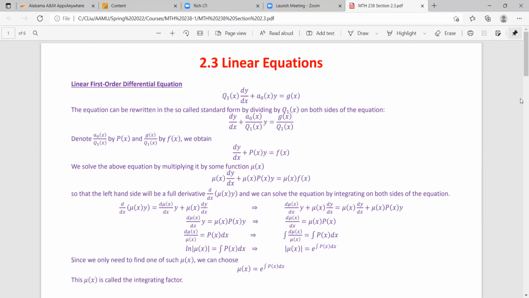So if we would like to rewrite the left-hand side as a full derivative, then we have to make a connection of this form with some formulas in differentiation.